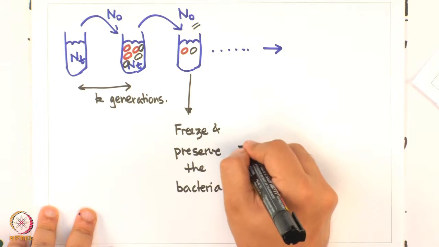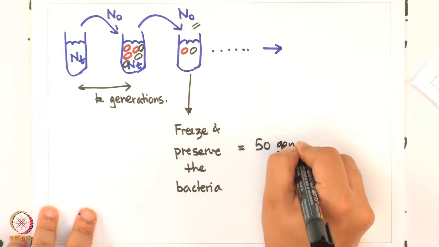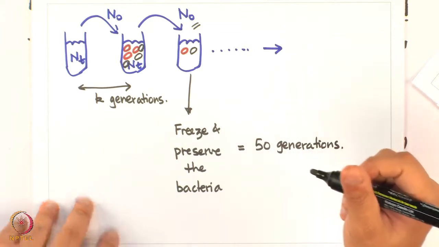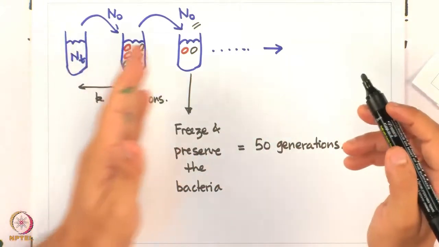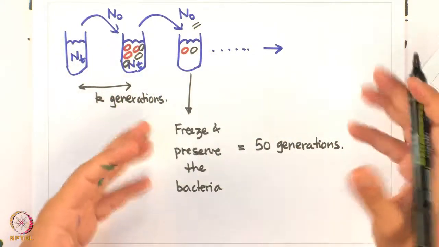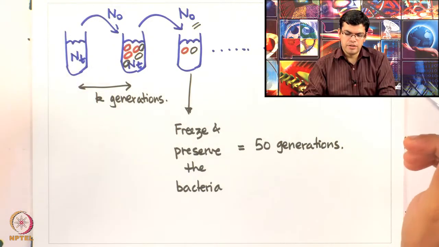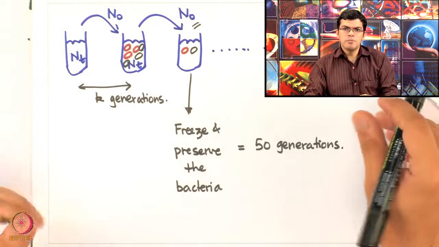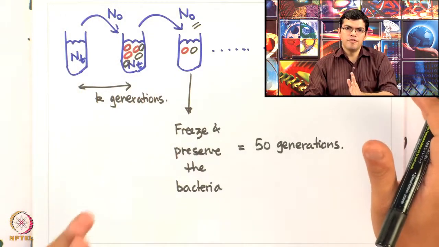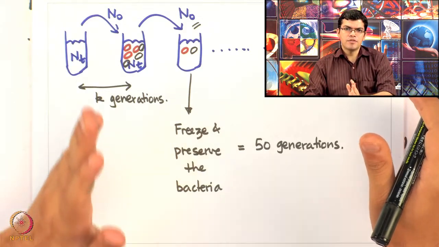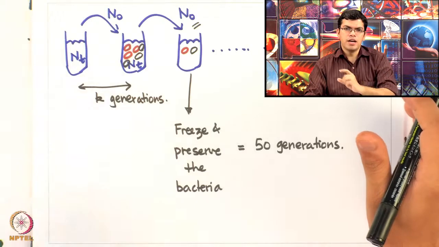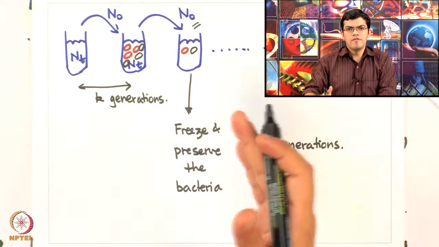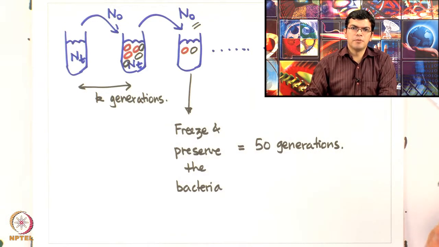So let's say you are doing this every 50 generations. What that means is that while you are doing these k generations every transfer, and let's say k is equal to 10, which is a very representative number, and let's say you have this transfer take place every morning, that means every 5th morning you have 50 generations that have happened, and after that you take a sample from your tube and you freeze the bacteria in your deep freezer, and you keep doing that every 5th morning of the evolutionary experiment that you are doing.